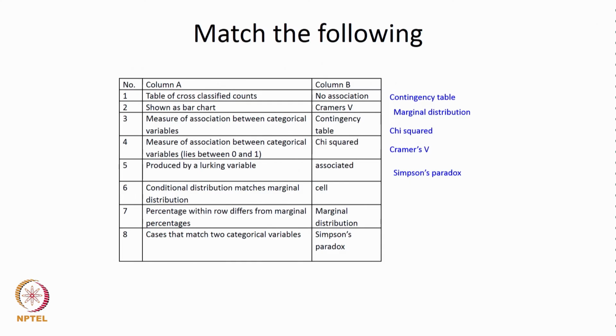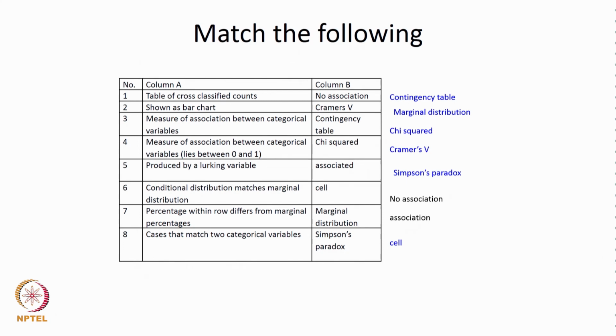When the conditional distribution matches the marginal distribution, there is no association in the data, which means the proportions actually match. When the percentage within rows differs from the marginal percentage, there is association. And what matches two categorical variables is a cell in the table.